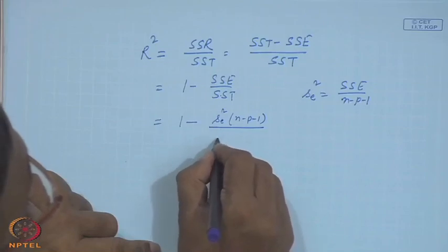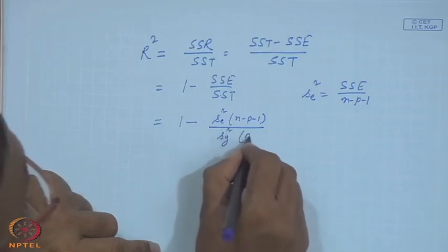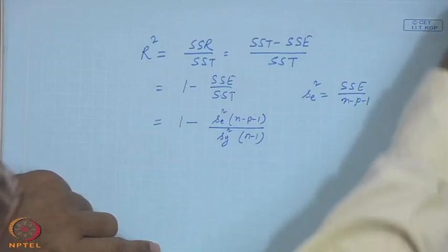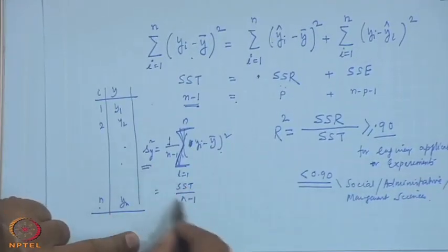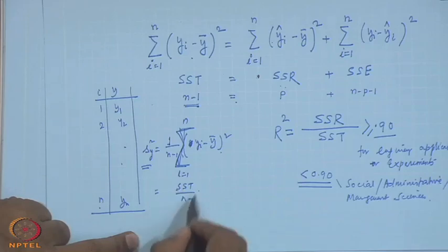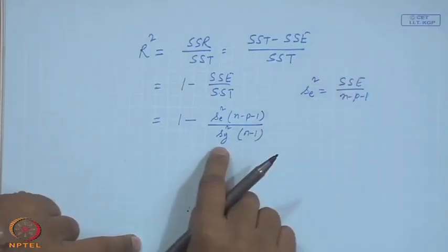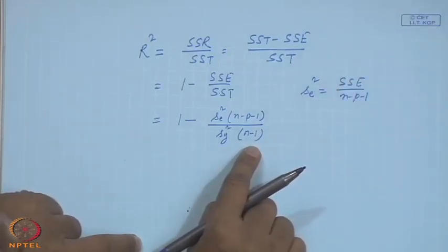I can write SST as SY square into n minus 1. You see, SY square equals SST by n minus 1, so SST equals SY square into n minus 1.